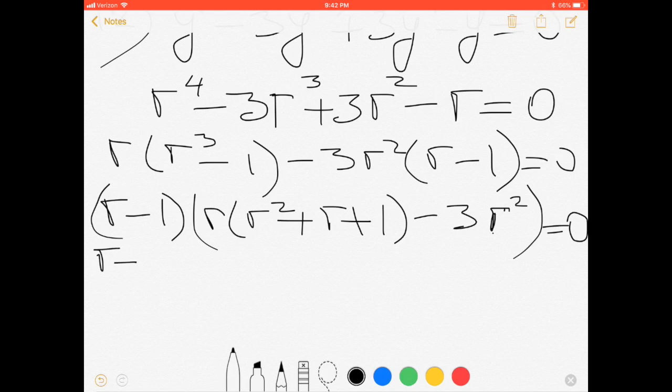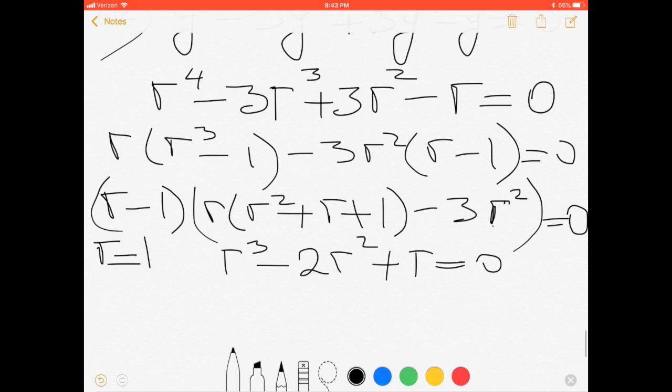What do we have? r equals 1, it's our first root of the characteristic equation. Here we simplify, we have r cubed plus r squared minus 3r squared, this means minus 2r squared plus r equals 0.